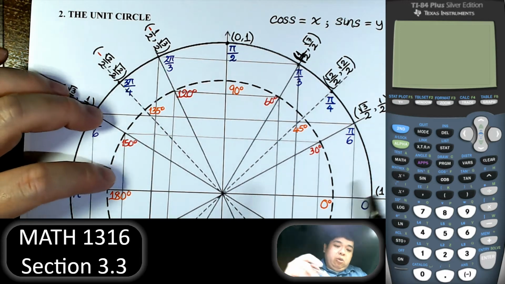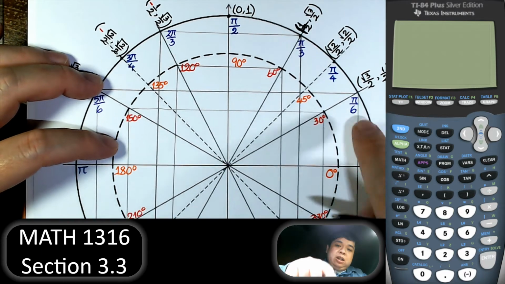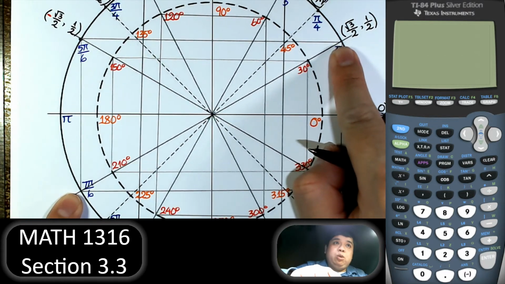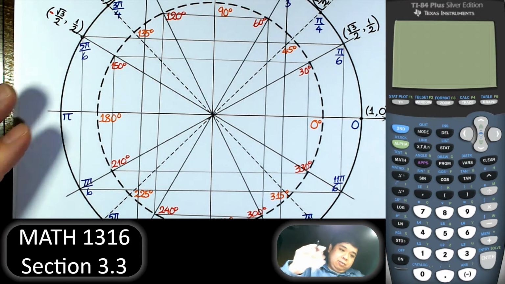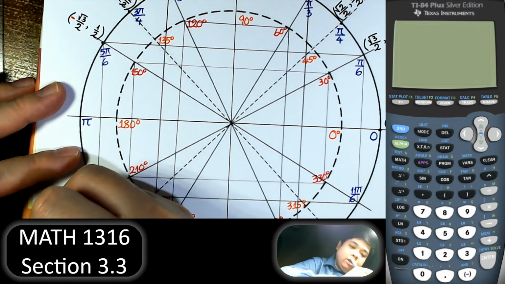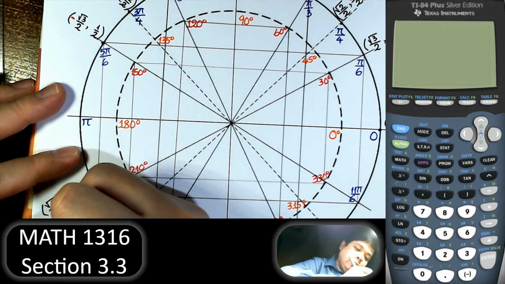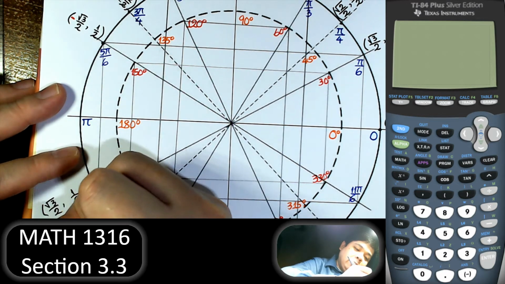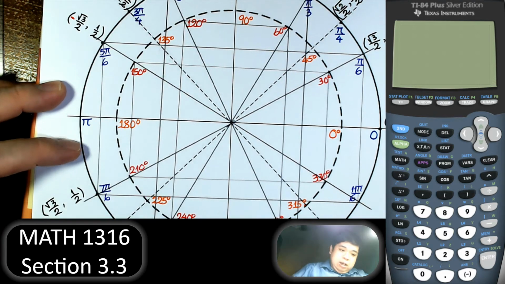Now, for the rest, we can say the values for pi over 6 and 7 pi over 6 will be the same, except the point over here, both of the x and the y values are negative. So, square root of 3 over 2 and 1/2 for this point, but both of them are negative.